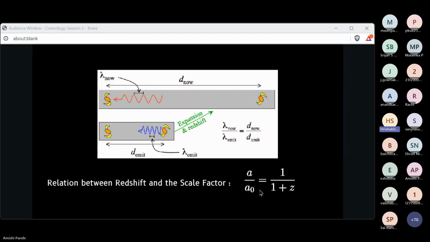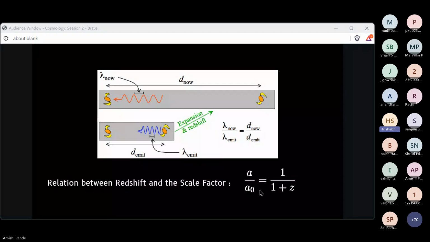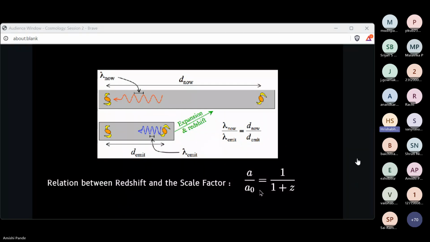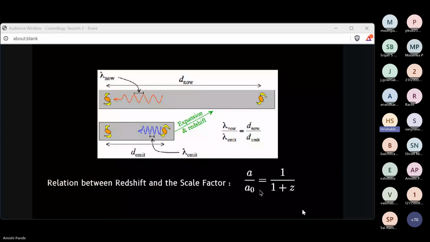Another reason why we preferred using the z value instead of the a value to define distance or time to a particular object is that classically, when we define an object further away from us, we say the further an object is, the higher the value of its distance coordinate is, isn't it? Now, since scale factor had an inverse relation, the further an object is, the smaller the scale factor it will be located at.